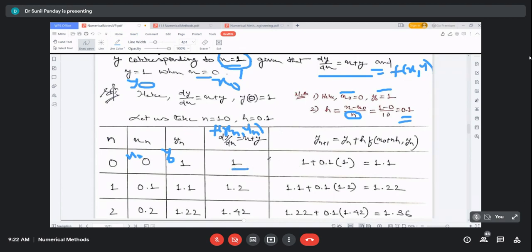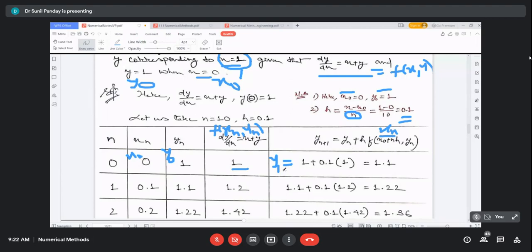And then you calculate y1 using Euler's method, that is y0 plus h f(x0, y0). In general, it is y(n+1) equals yn plus h f(xn, yn).